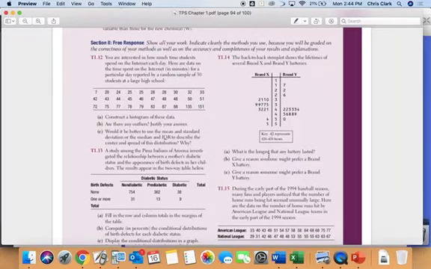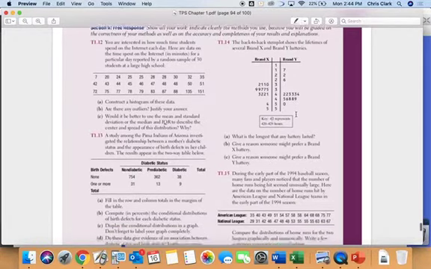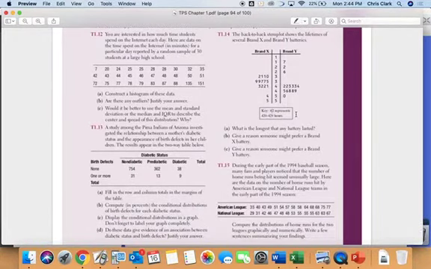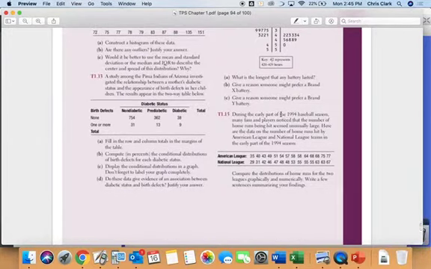I would probably prefer brand Y because the median is higher. So really just looking at the distributions. We're not really going to see something like that. You are going to have a stem plot on this that you're going to have to look at, but not necessarily like this. And then the last one, it has American League, National League, and comparing the distributions.